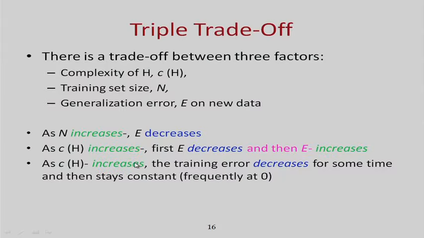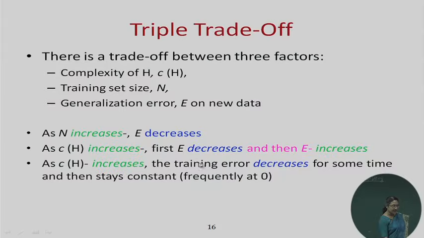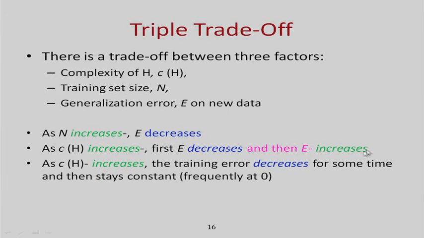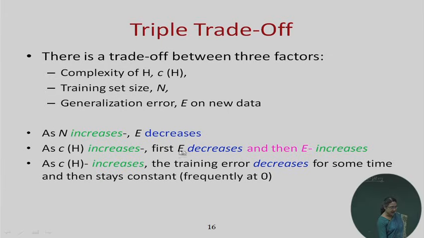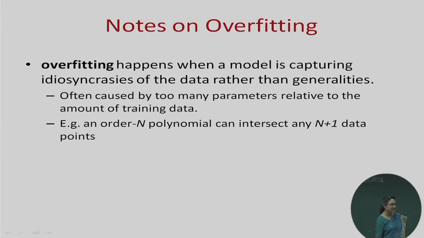And as complexity of hypothesis increases, the training error decreases for some time, and after some time it may become 0, it becomes static. But the test error or the true error first decreases and then increases. And this is when error starts increasing, this is the region where we say overfitting has occurred.